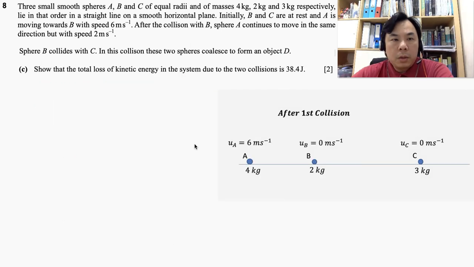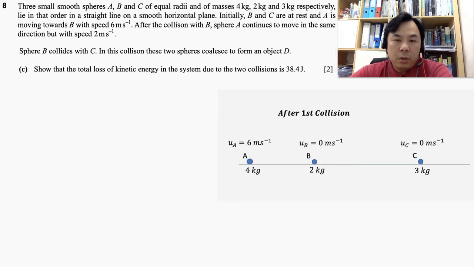Last section of question 8, part C. Now, we have seen the collision between B and C. They coalesce, and then they will move as one body, object D. Now we need to show that the total loss of kinetic energy in the whole system, due to the two collisions, is equal to 38.4 joule.